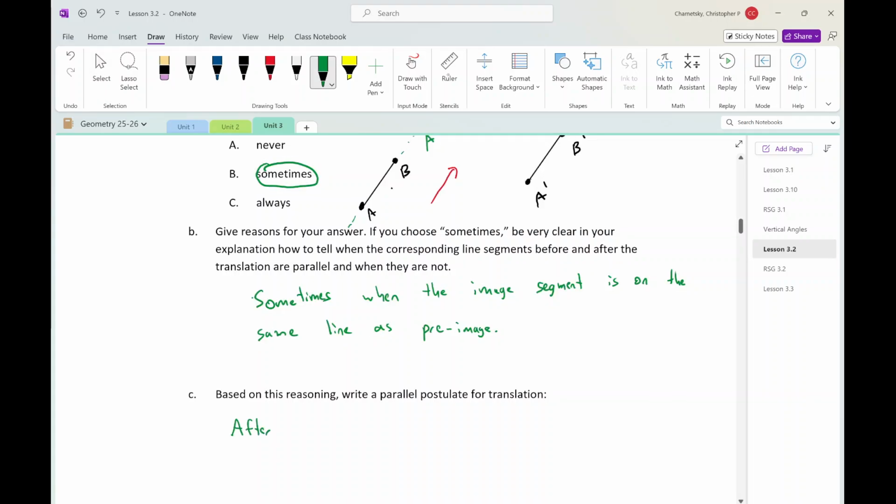After a translation, the image segments are parallel to or on the same line as the pre-image.